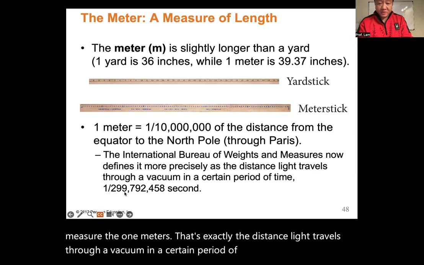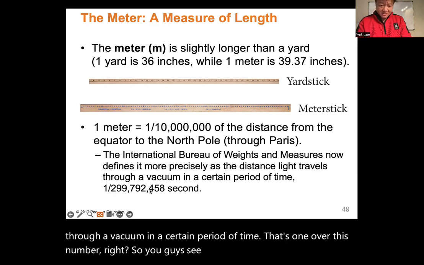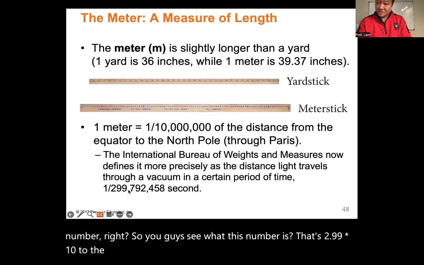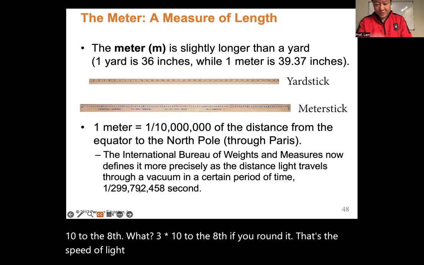That's 1 over this number. You see what this number is? That's 2.99 times 10 to the 8th. What? 3 times 10 to the 8th? If you round it, that's the speed of light. So 1 over that is going to be a meter.